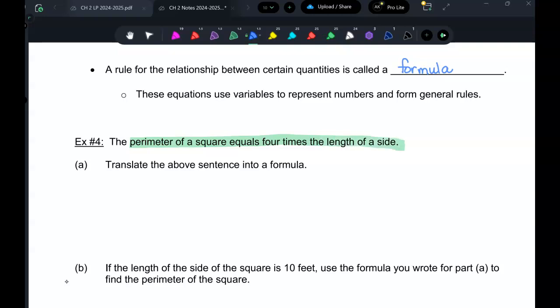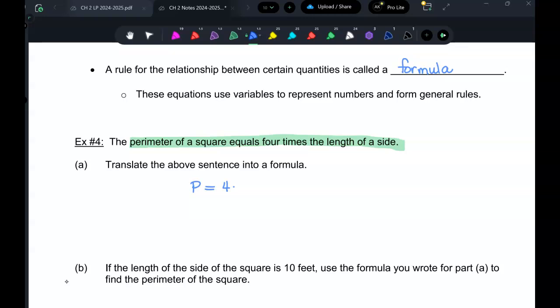So let's make that sentence into a formula. If it says perimeter, what letter should we use? P. So perimeter equals 4 times the length of a side.